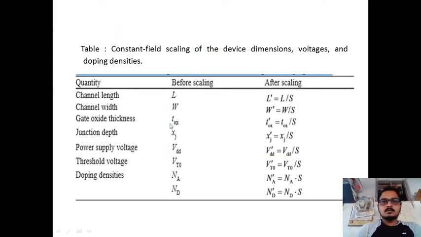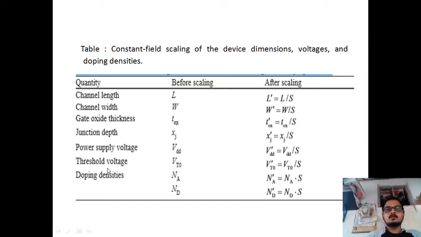See here, these are the terms. These first 4 terms are related to the dimensions: channel length, channel width, gate oxide thickness and junction depth. The next two, that is power supply voltage and threshold voltage, are related to the voltage. Then doping density is related to the internal electric field.